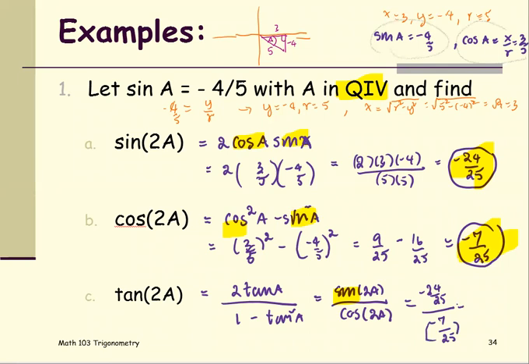As a complex fraction, we rewrite it as negative 24 over 25 multiplied by the reciprocal of the denominator, or multiplied by 25 over negative 7. We can reduce 25. So we get the tangent of the double angle equals negative 24 over negative 7, or just positive 24 over 7.